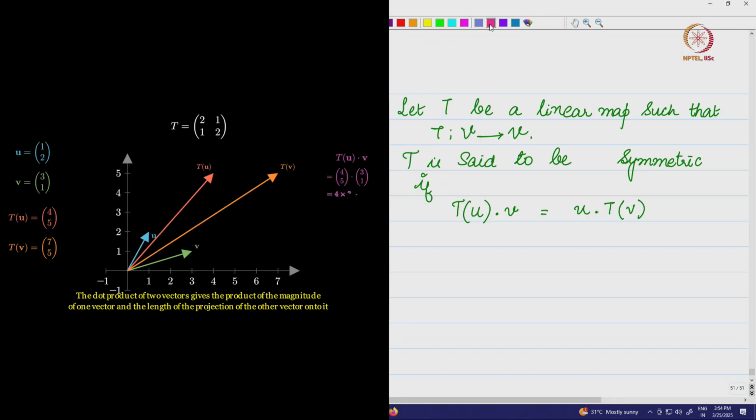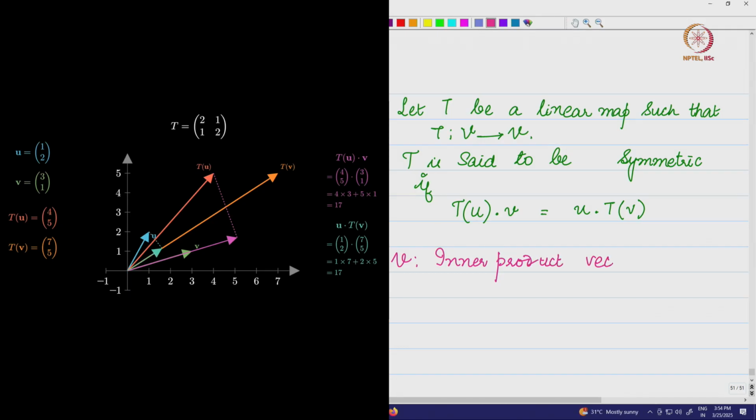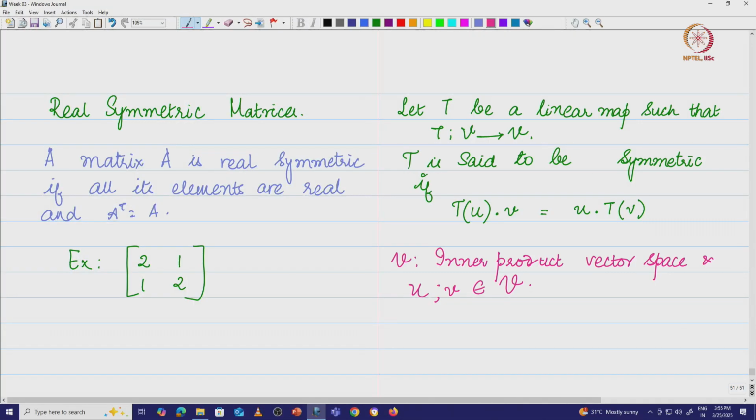Let us make this clear: the vector space V is an inner product vector space, and u and v are elements of this vector space V. If the dot product of T of u with v is the same as the dot product of u with T of v, this is what you call a symmetric transformation.